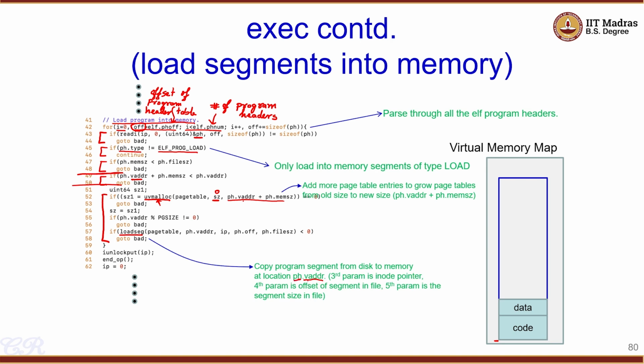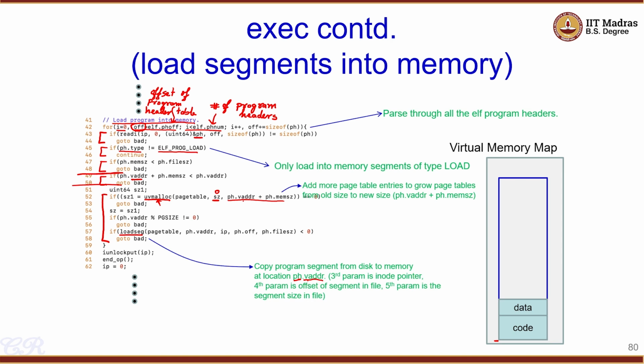So program header.v address. Page by page, it will be copied from the ELF file into the physical memory, and the mappings for this have already been incorporated, right?